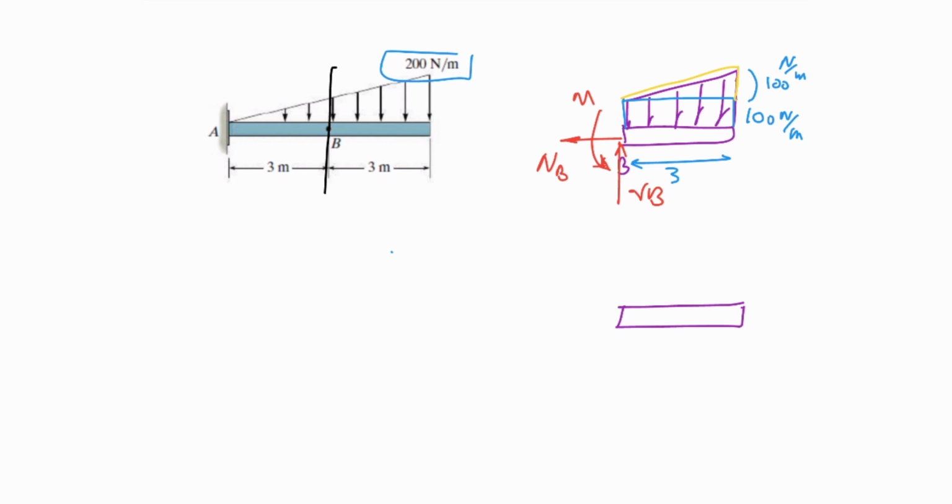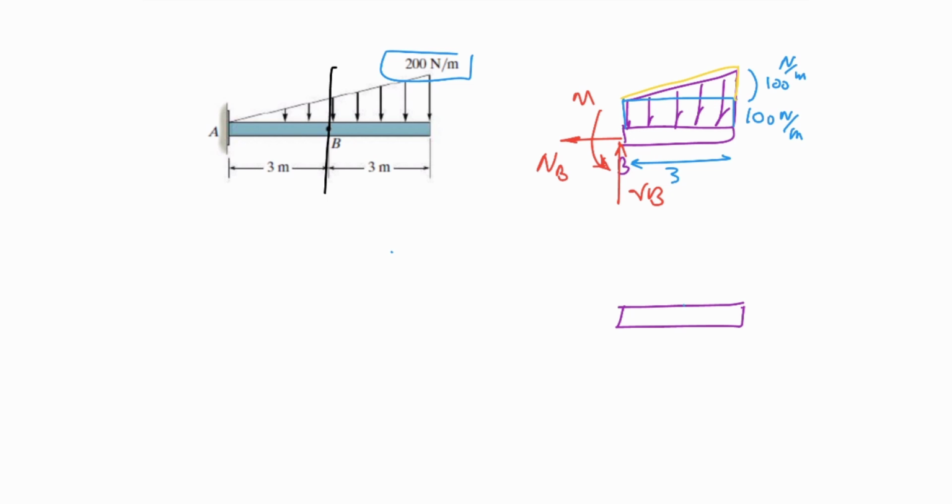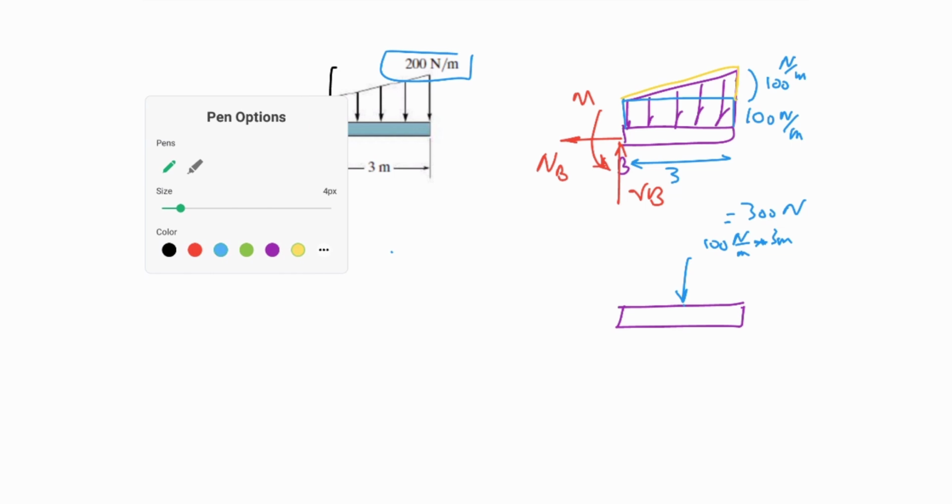Meaning that right now I have a rectangle here with the blue color. I just put, instead of that, a single force, which is 100 Newton per meter times 3 meter. And it would be 300 Newton. As you can see, it should be a force, and the unit of the force is Newton.